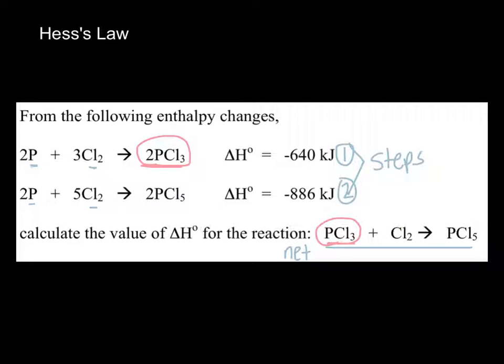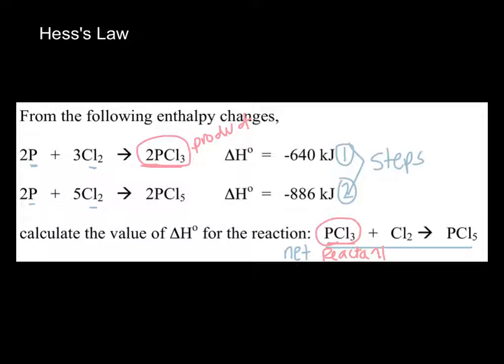Once we've identified something that's unique, you want to ask yourself 2 questions. First, are they on the same side? And second, do we have the same number of them? So what I can see here is that in this first step, PCl3 is a product in the step, but it's a reactant in our net reaction.